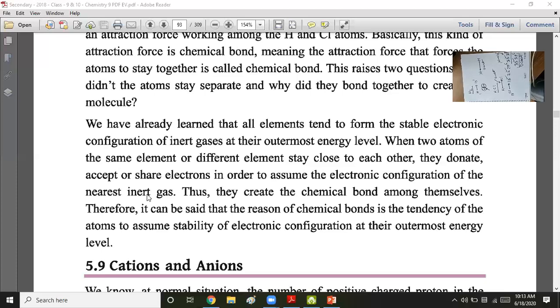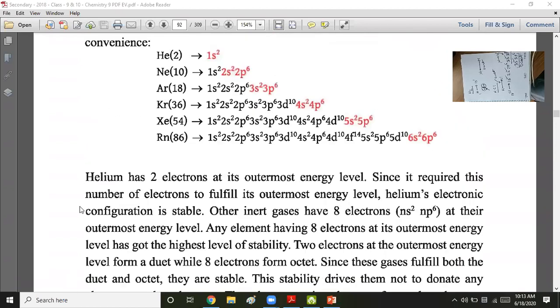And in the case of hydrochloric acid, when chlorine accepts 1 electron, the total number of electrons of the chloride ion is 18. So it achieves the electronic configuration of argon, because the atomic number of argon is 18.